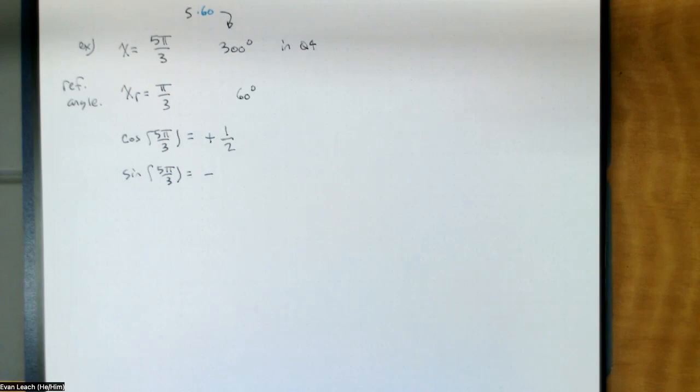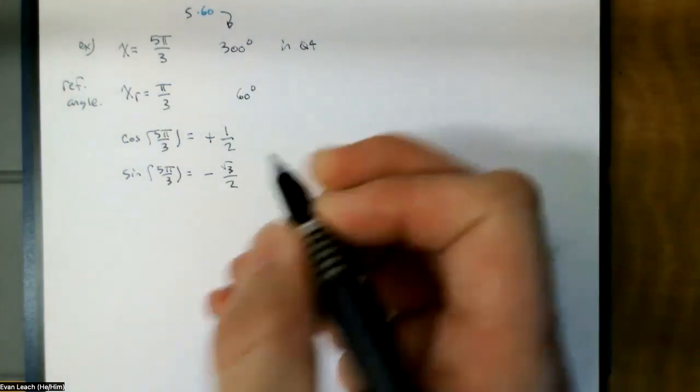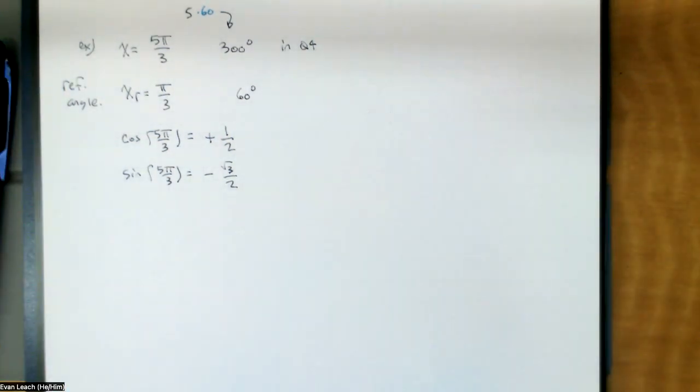So if the cosine is a 1/2, what's the sine? What's the sine of 5 pi over 3? Negative root 3 over 2. With cosine and sine, if one of them is a half, the other one is root 3 over 2. Because that's how the points work. Remember, these are points on a unit circle.